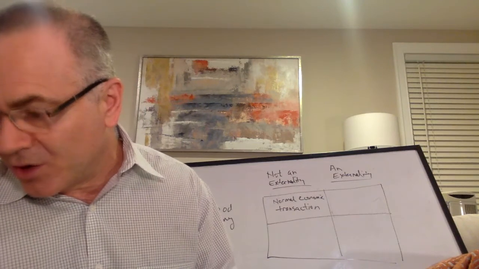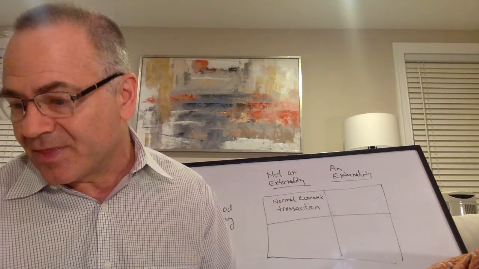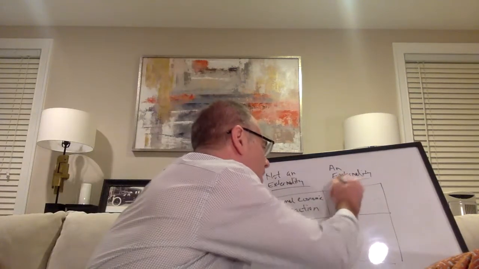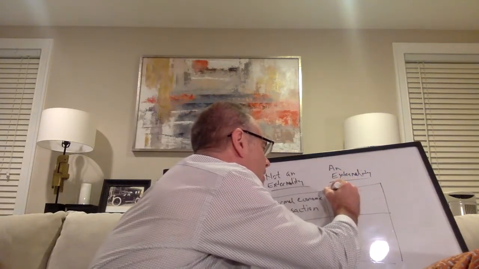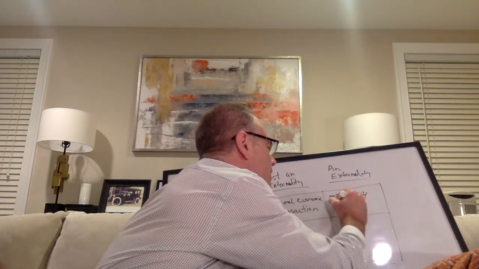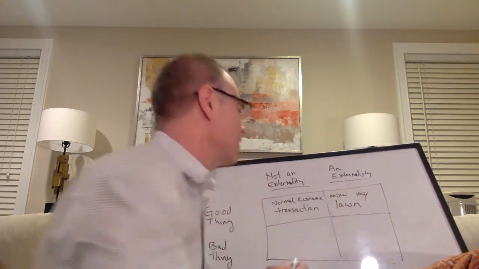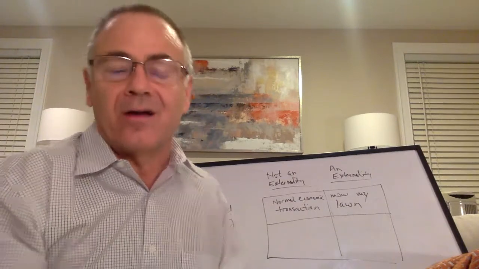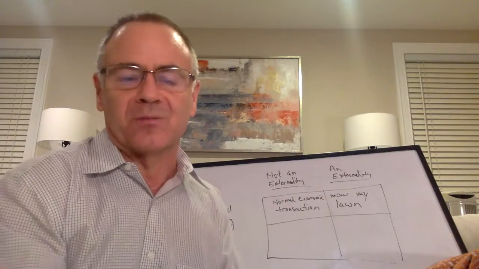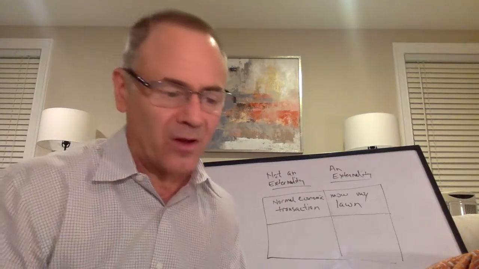Okay, a good thing that is an externality. Let's say I mow my lawn. Suppose I hire a gardener. I pay the gardener, but there are other people who may benefit from that. My neighbors may benefit from seeing my beautiful lawn.